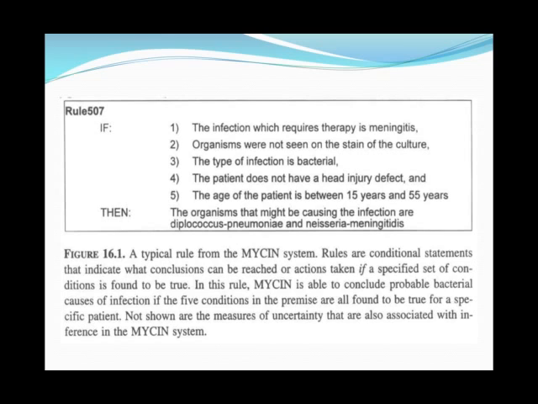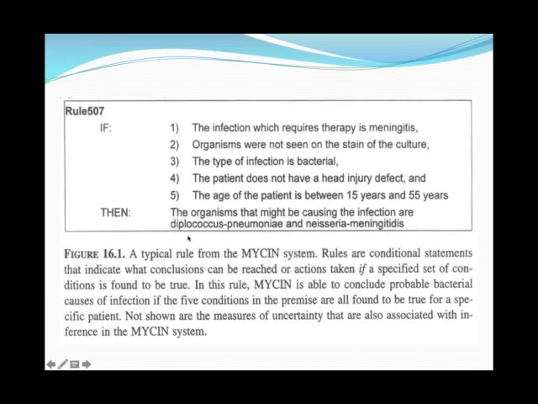It gets very complicated, but this is one of the examples it would give. If the infection requiring therapy was meningitis, so you know it's meningitis, if there were no organisms seen on the gram stain of the culture, if the type of infection is bacterial, then it says the organisms that might be causing the infection are these types of bacteria.